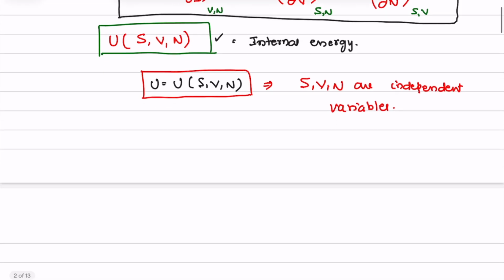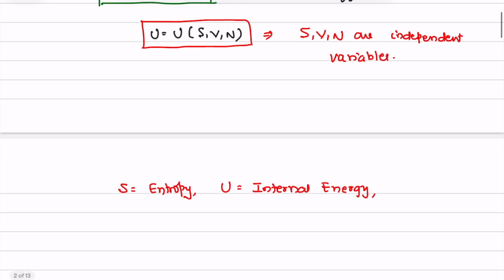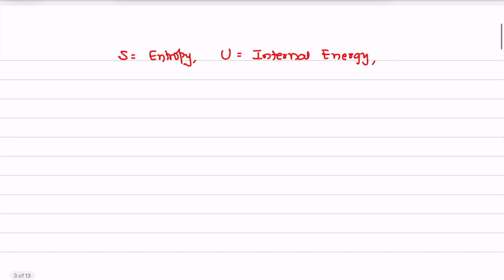What is S? S is equal to entropy. Please remember this. U is equal to internal energy. V is equal to volume.